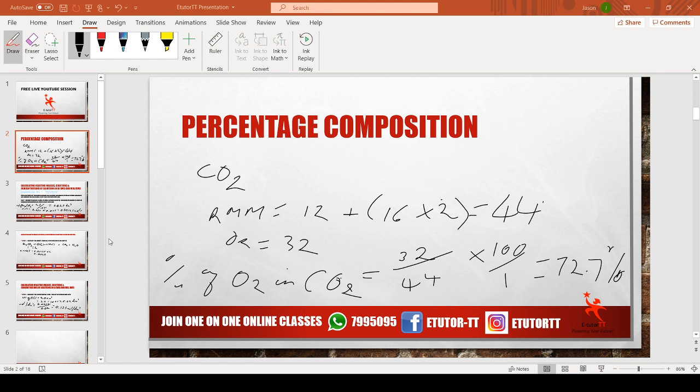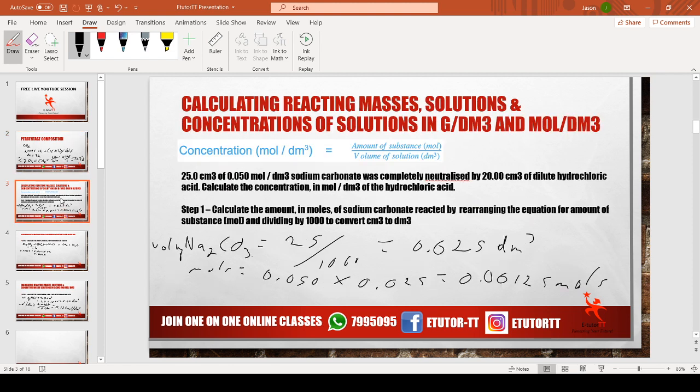Let's recap from the top. Calculating reacting masses, solutions, and concentrations of solutions in grams per dm³ and moles per dm³.